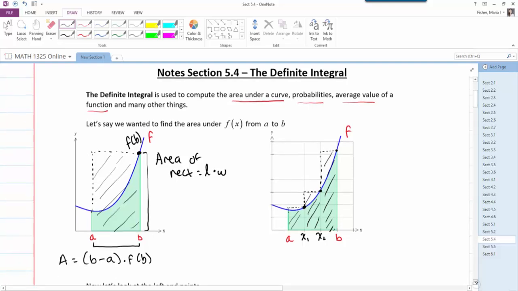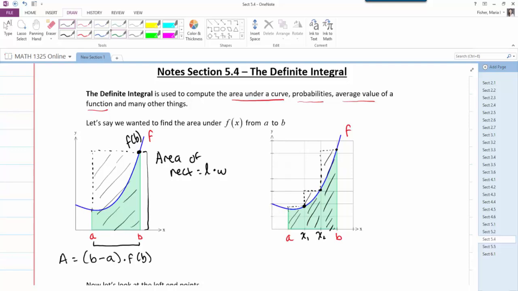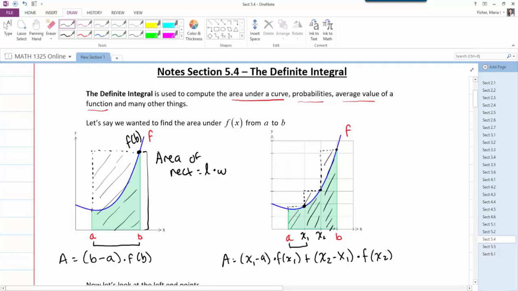For this function, my area is always length times width, so it's x sub 1 minus a, times f of x sub 1, plus x sub 2 minus x sub 1, times f of x sub 2, and then finally plus b minus x sub 2, times f of b.